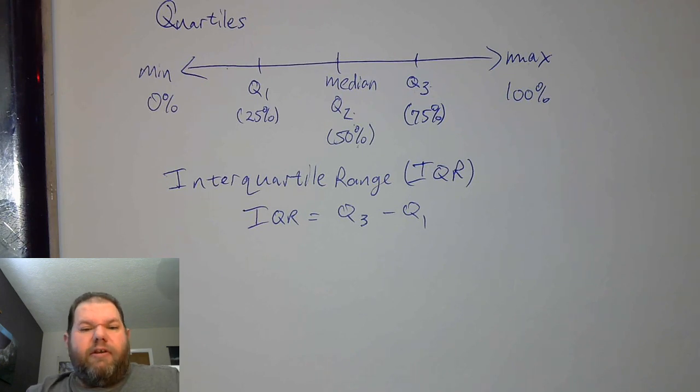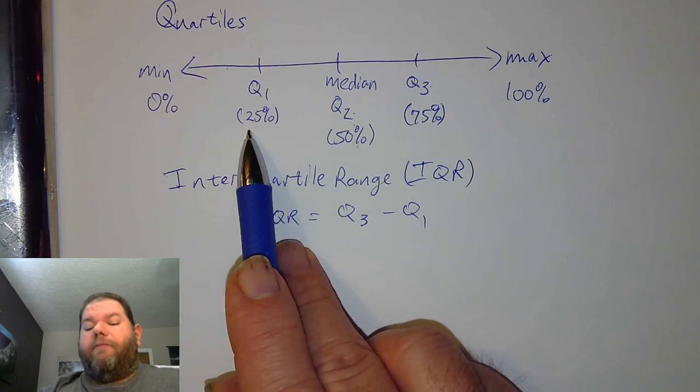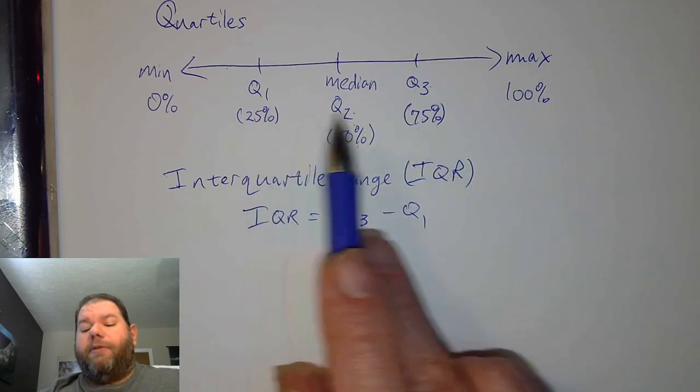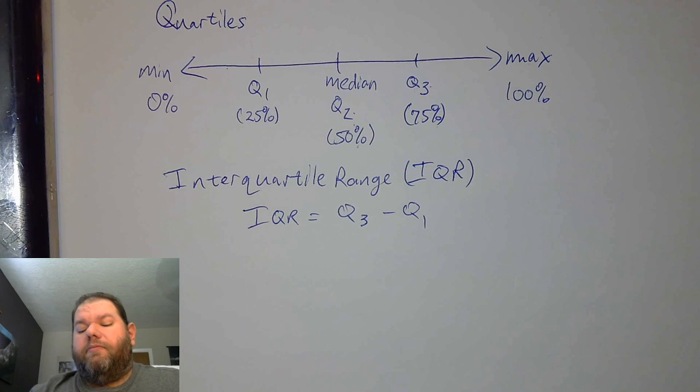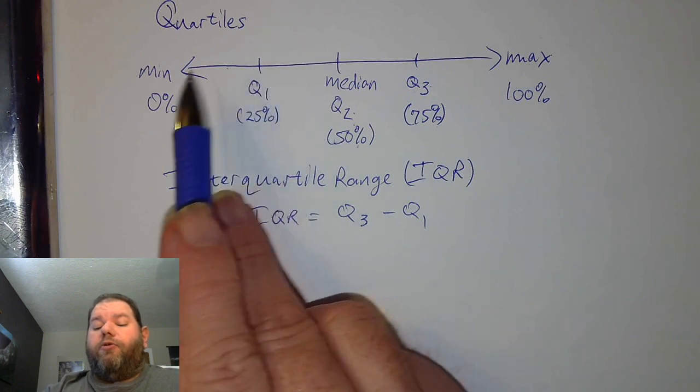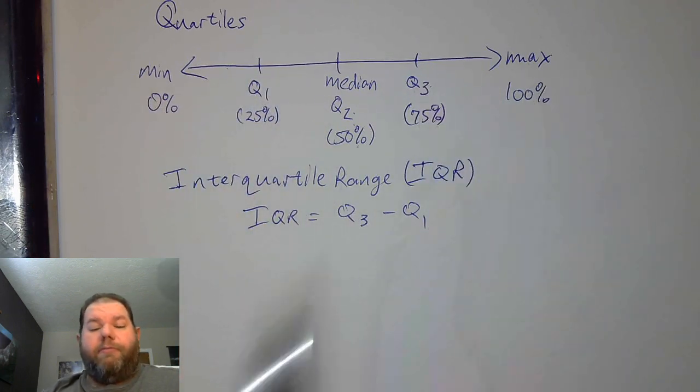Basically, this designates where the middle 50% of the data is, because we go from 25% to 75%, so that's the middle 50. Half of our data values are between those two numbers, another quarter is below Q1, and the other quarter is above Q3.